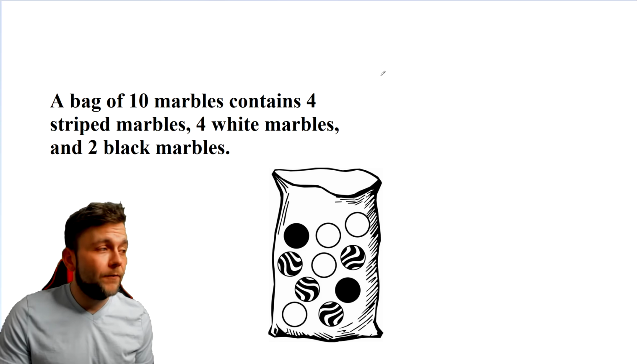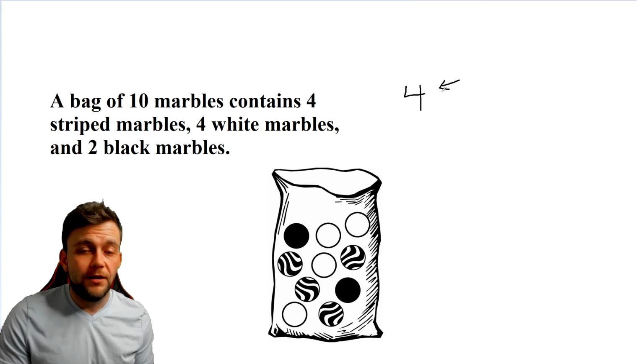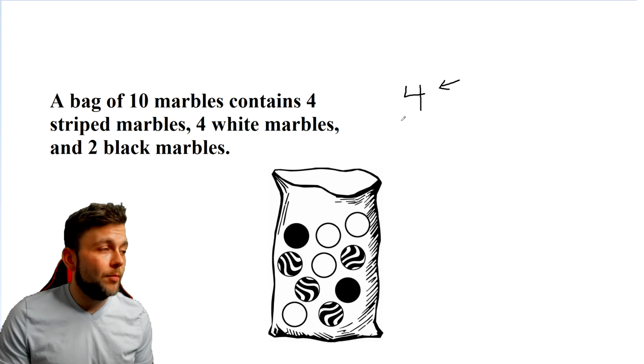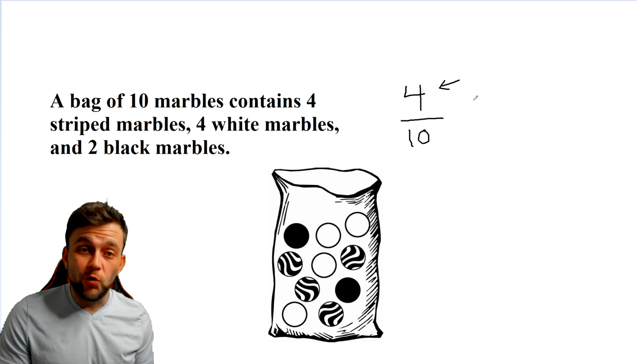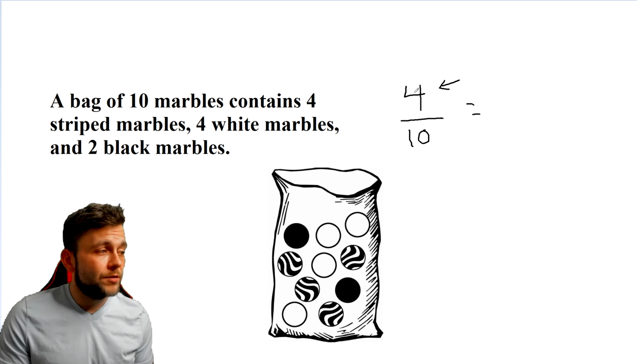Well, we have 4 white marbles. So this is what we are looking for. This is what we want. And on the bottom, we put the total number of marbles. So there's 10. And then you just reduce the fraction. So 2 goes into 4 and 10.